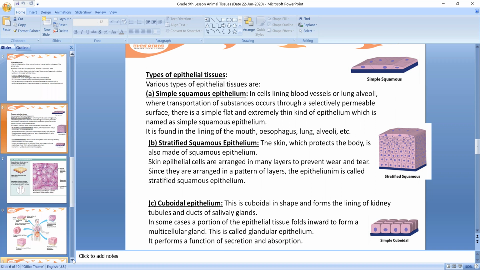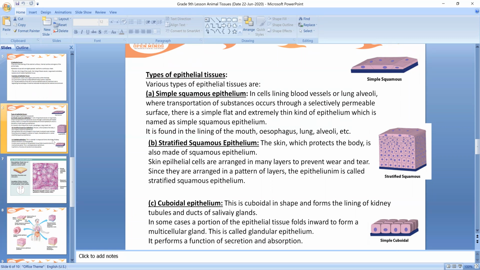Ma'am, columnar also. Yes, columnar epithelium also. So now we'll see simple squamous epithelium. You can see the picture here, the picture of simple squamous. It appears like this.